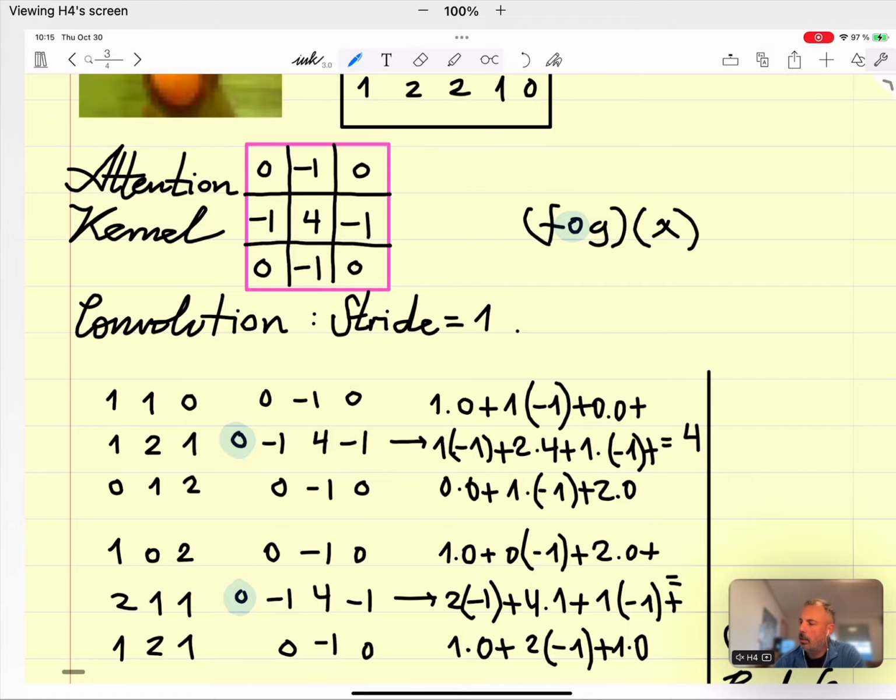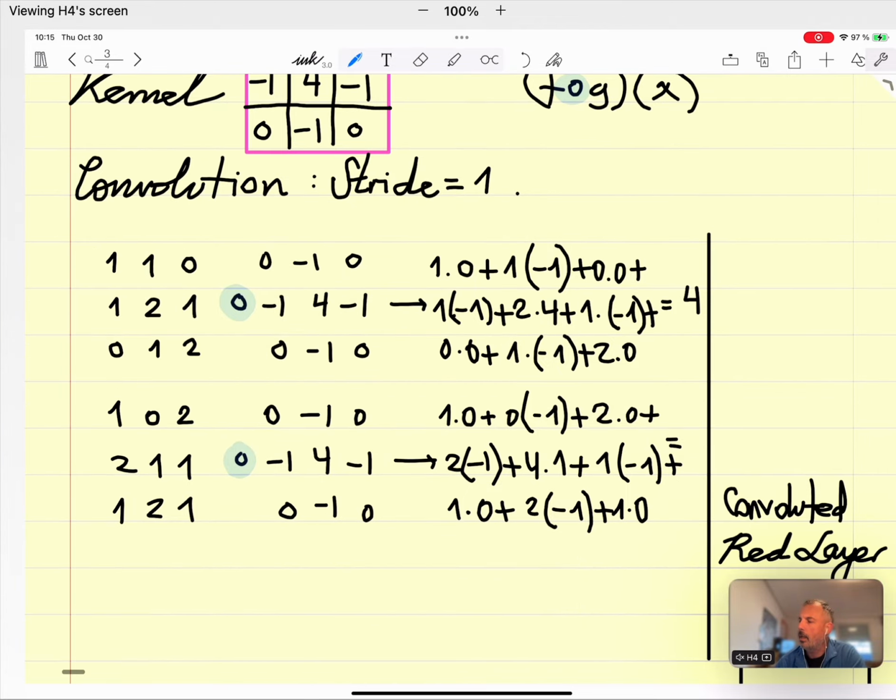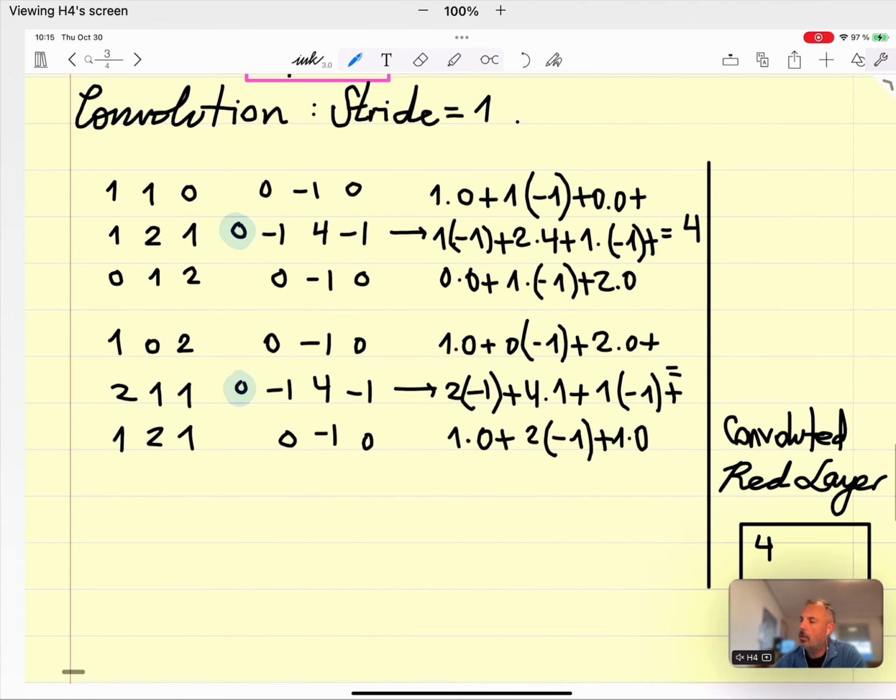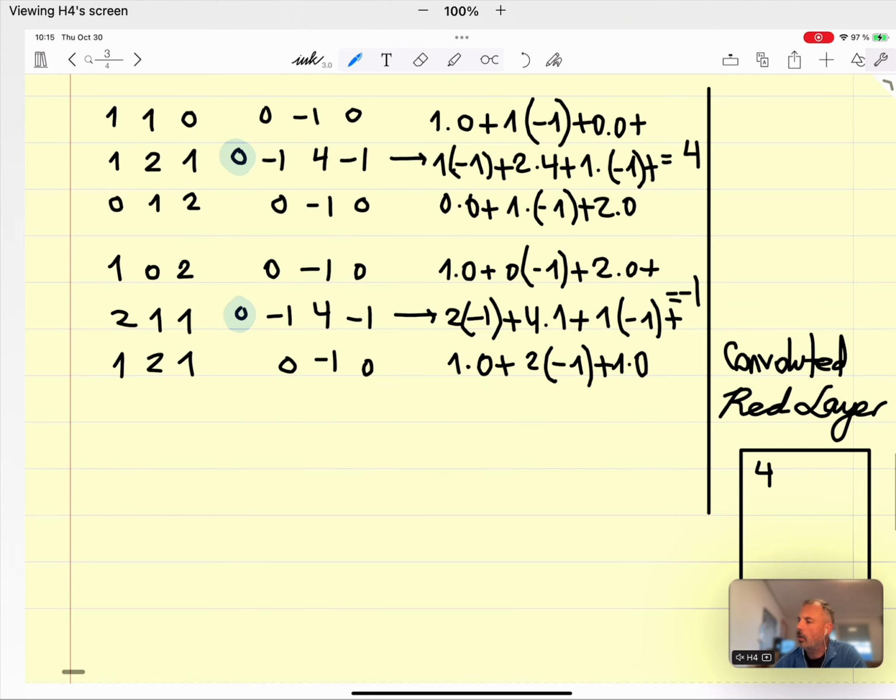This delivers 4 - 2 + 2 - 1 + 1 - 2 - 1. Okay, so I insert here -1.